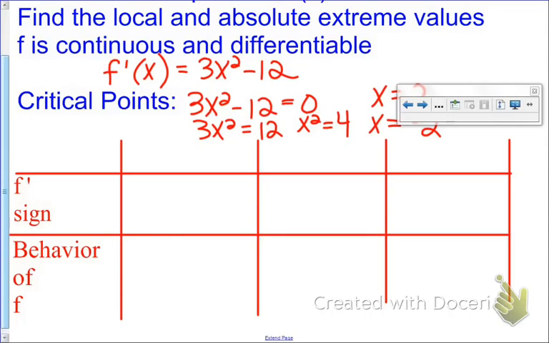So the size of the sign chart isn't going to be a certain size for every problem. It's just according to the problem. So we have two different things to put in our sign chart. We have the sign of the derivative and the behavior of the function. Always remember that the derivatives are telling us about the behavior of the function.